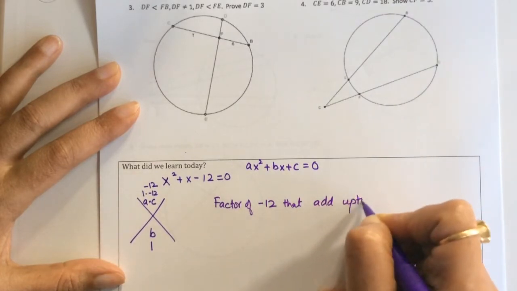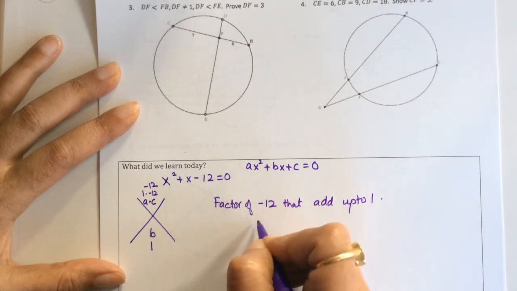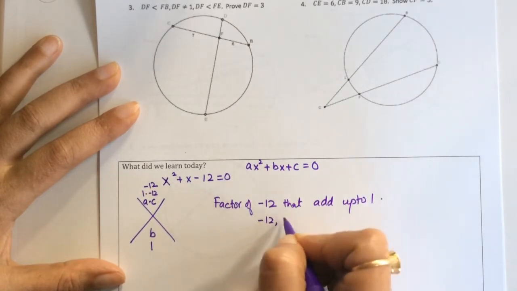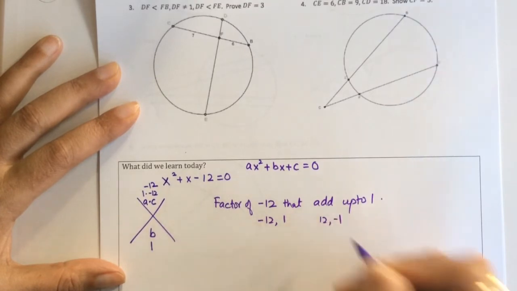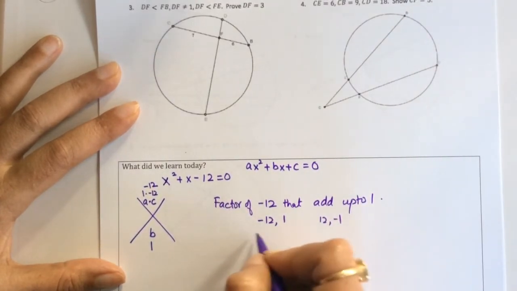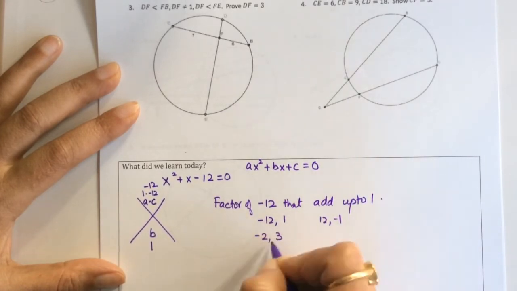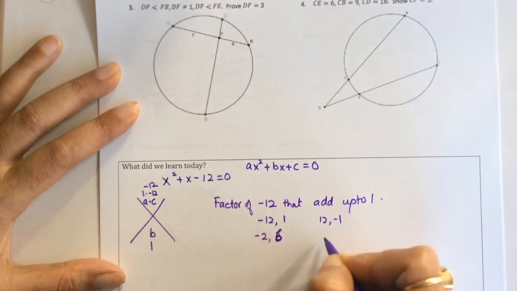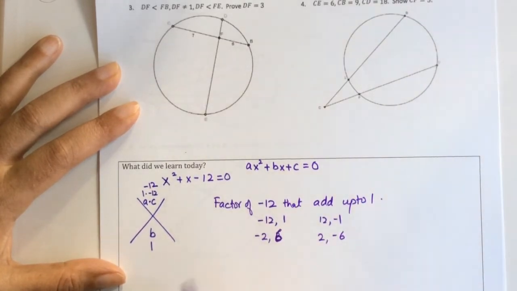My first factors are negative 12 and 1, and also 12 and negative 1. That doesn't work. Let's go to negative 2 and 6, or 2 and negative 6. That doesn't work either. Let's go to negative 3 and 4, and 3 and negative 4.